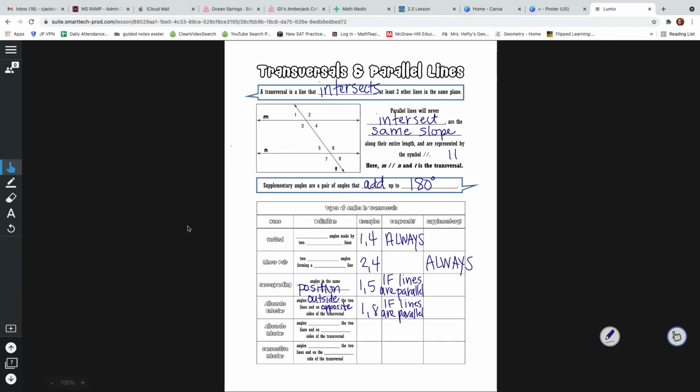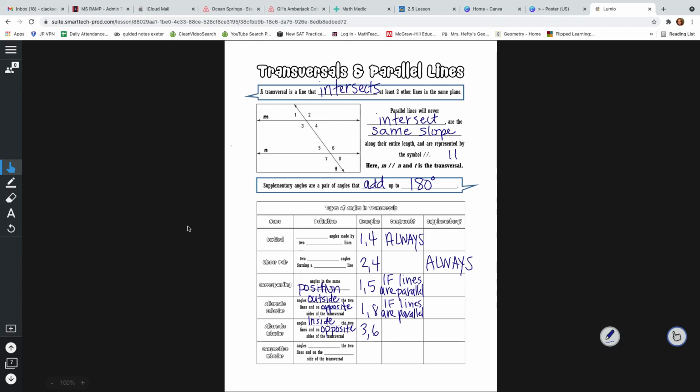Alternate interior has almost the same definition, but the angles are inside the two lines and on opposite sides of the transversal. Give me a set at the top. 3 and 6. If lines are parallel, are they supplementary or congruent?